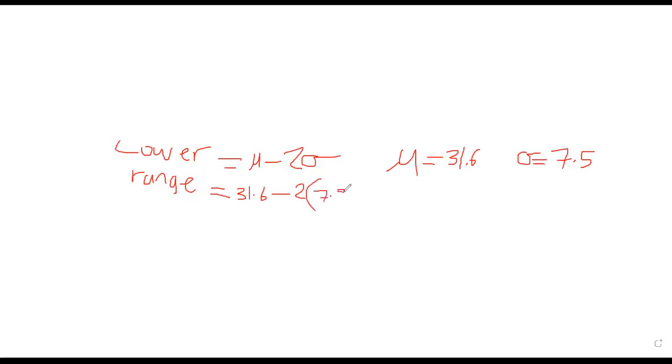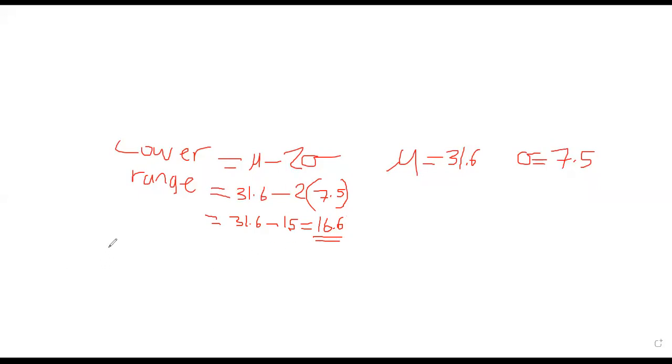So you find that we are getting 31.6 minus 15, which gives us 16.6 on the lower range.